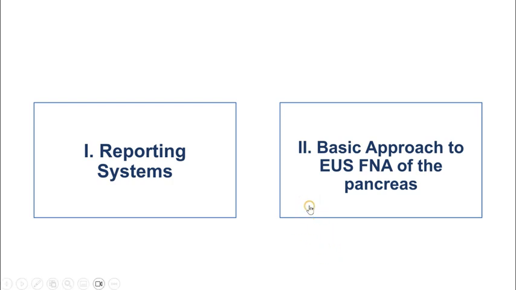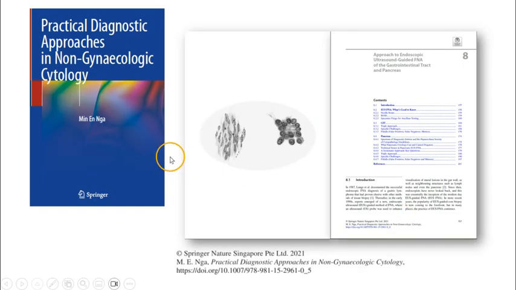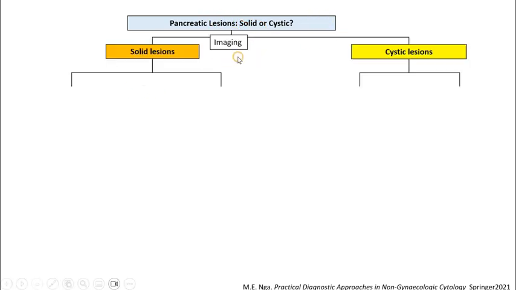Now let's move on to look at the basic approach to EUS FNA of the pancreas. A lot of the material that I'm showing will be from this book that I published in 2021, and it essentially presents some algorithmic approaches to diagnosis of common conditions, including in the pancreas. Now, the first and most important question that we would like to answer right at the outset is, are we dealing with a solid or cystic lesion?